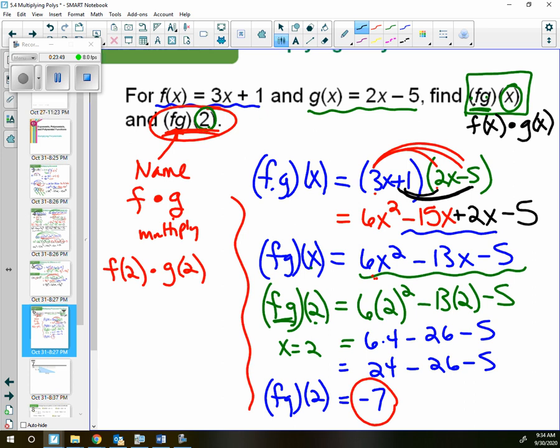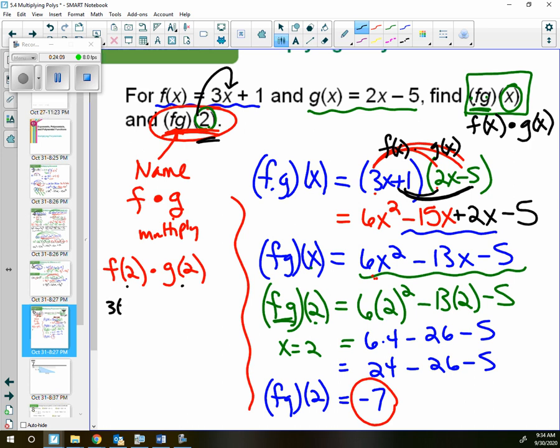When I multiply those, it just says, hey, multiply f of x times g of x. That's what that symbol means. So if I'm evaluating it at a particular number, that just means f of 2 times g of 2. And I could do it that way as well. So I could put this 2 in for the x in the f function.